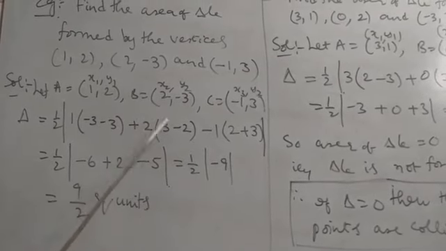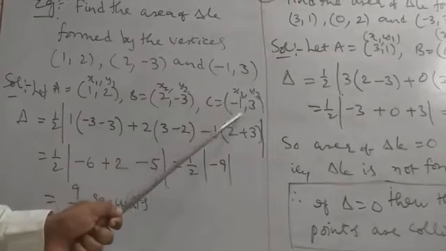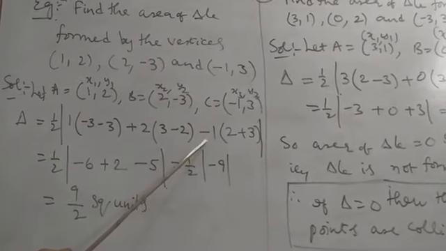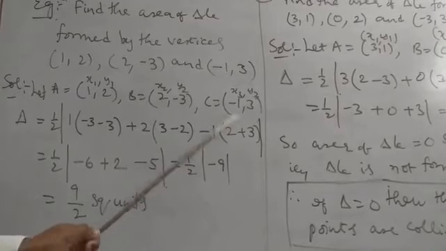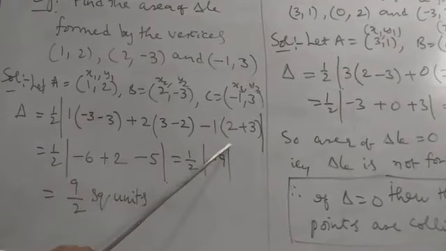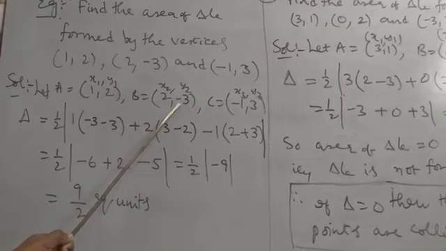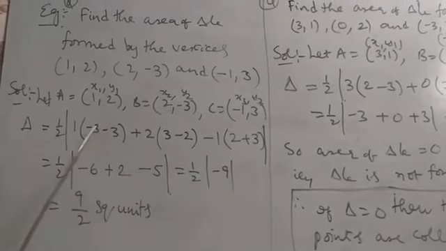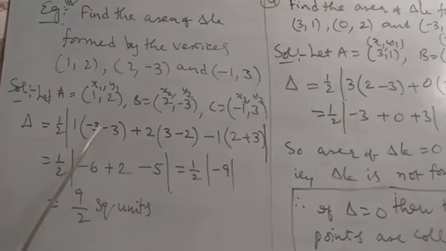So 2 of 3 minus 2 plus x3 value minus 1. Therefore plus of minus 1, that is nothing but minus 1 of y1 value 2 and y2 value minus 3. So minus of minus 3 plus 3. If you simplify, minus 3 minus 3 is nothing but minus 6.